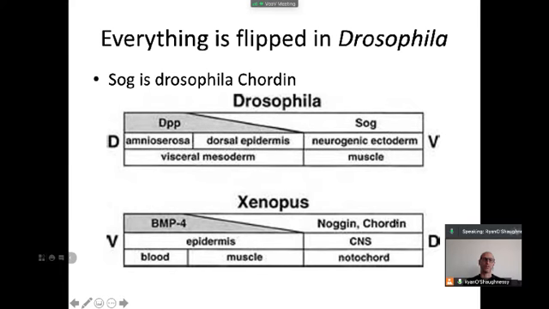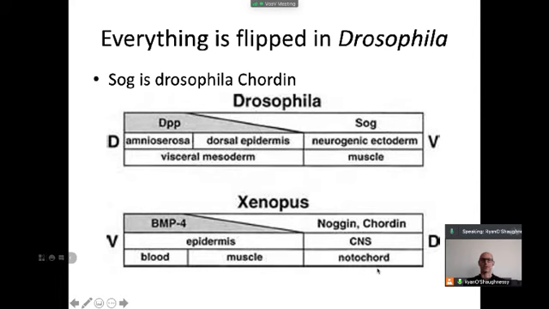And where we have high expression of noggin and Chordin, or the equivalent in Drosophila called SOG, we get the formation of the central nervous system and the notochord.